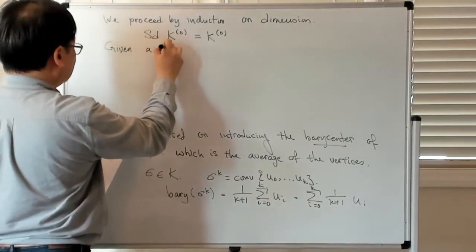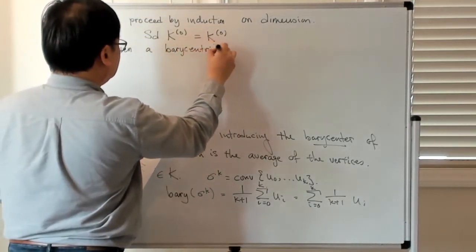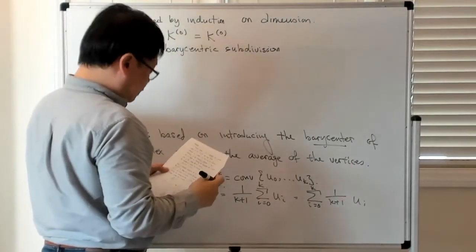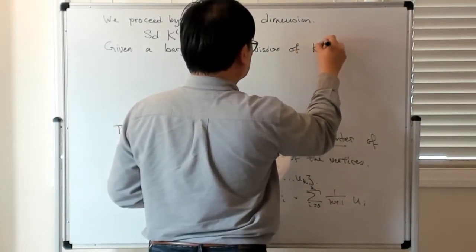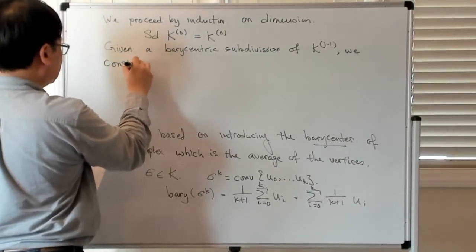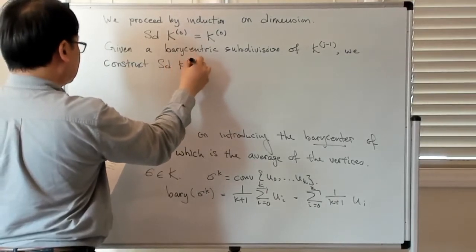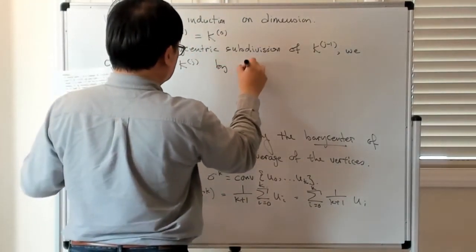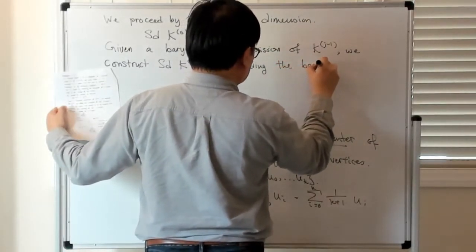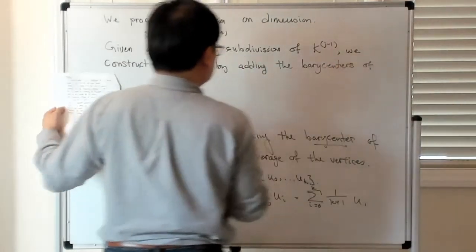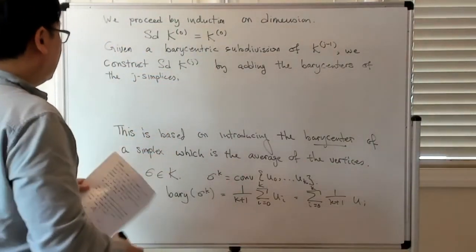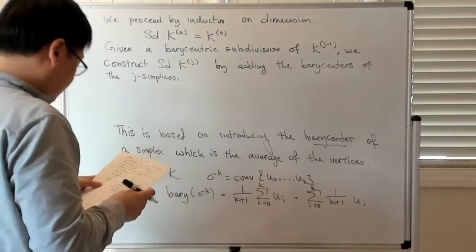If I'm given a barycentric subdivision of the lower skeleton, say the j minus 1 skeleton, we can construct the subdivision of the j skeleton by first adding the barycenters of each of the j simplices, and then connecting them to the subdivided boundary of the j simplices.